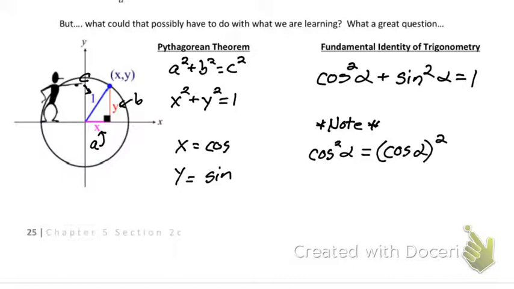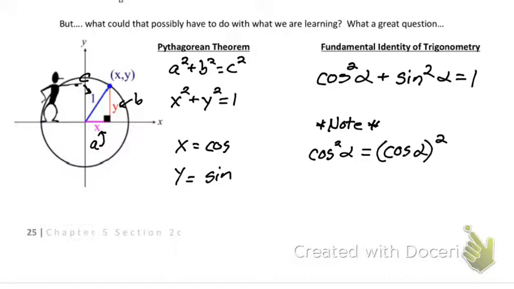The only reason why we put it here is to let you know you're squaring the entire cosine value. You're not just squaring this number and then plugging into cosine. So these two things are the exact same. It is the entire thing being squared.